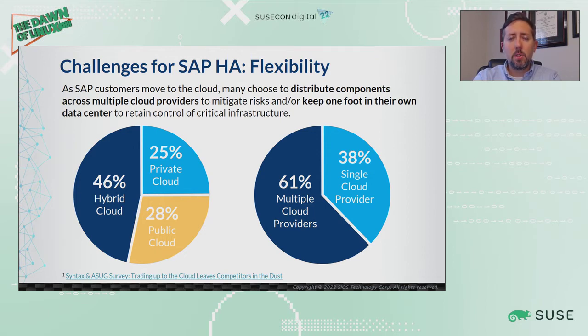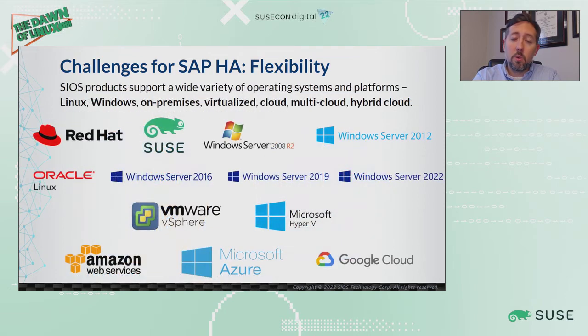So you can see that customers are kind of hesitant to put all their eggs in one basket. They may want to spread pieces of their workload across cloud providers, or even keep one foot in their data center just to retain some control of some of their critical infrastructure. So that's one of the nice things about SIOS products is we have a wide range of supported OSs and configurations.